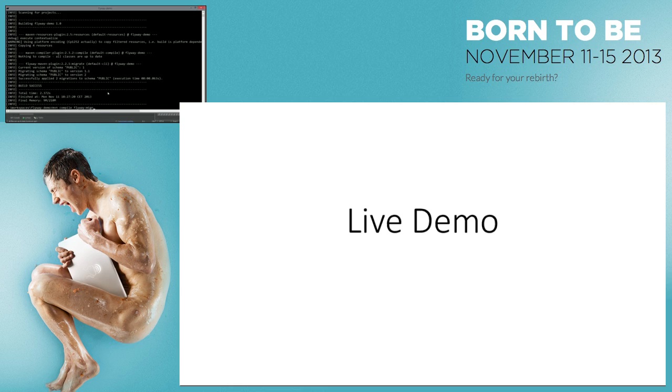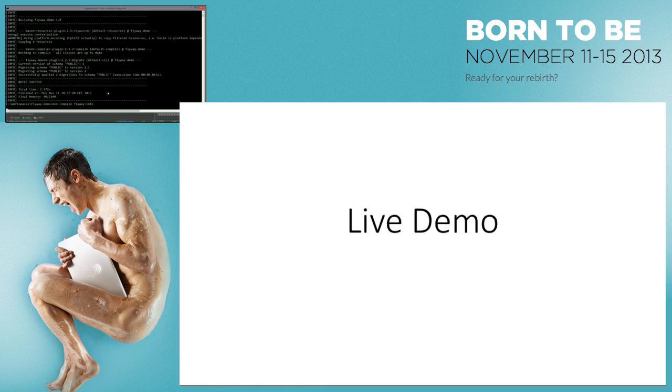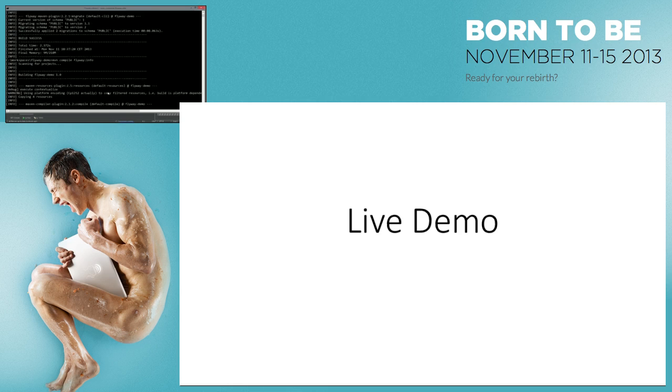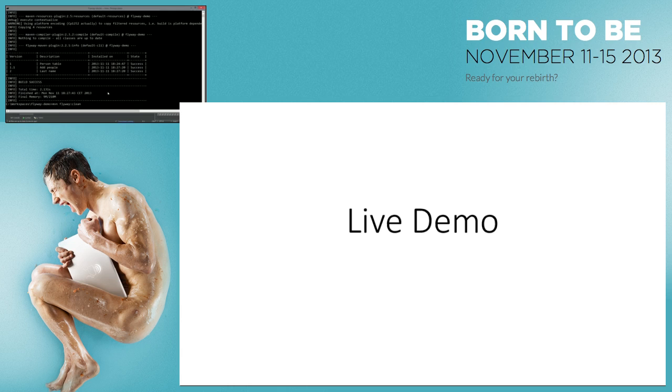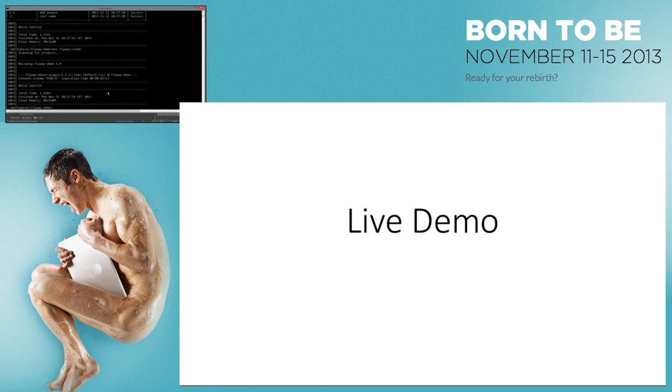If we now look at Flyway info, we see that all of them are applied. We can now do a Flyway clean as well, just to get back to an empty database. And our database is empty again.